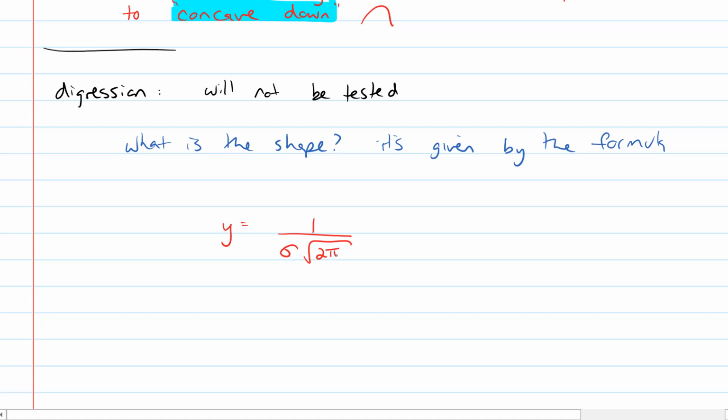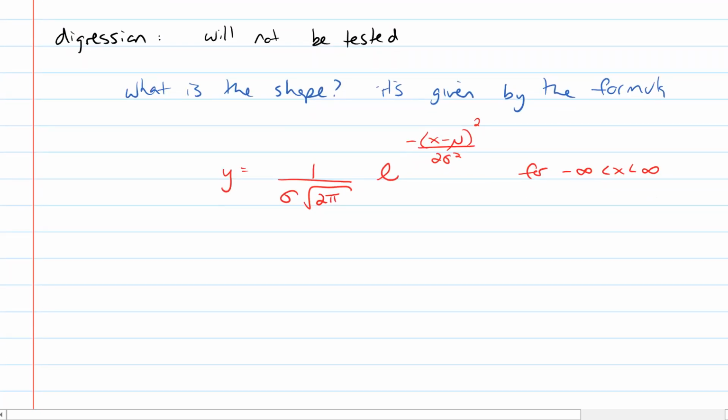That's a little normalizing factor to make sure that the area under the curve is equal to 1. And then e to the complicated exponent coming up, negative x minus mu, where mu is the mean, all squared divided by 2 sigma squared, for negative infinity less than x less than infinity. But in this class, we don't need to know that, so we're never going to refer to that again.